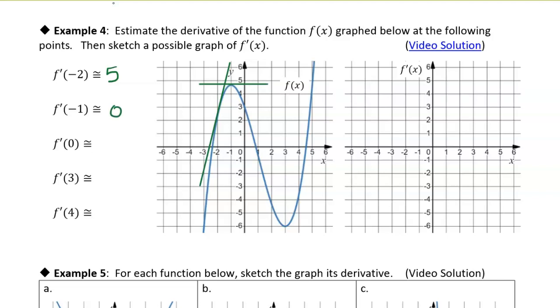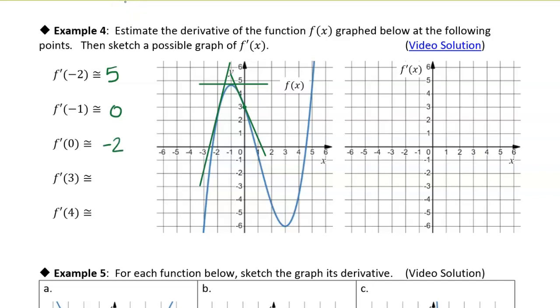All right, so the next point that we're going to look at is at 0, so we're looking at this point right here. So again, I can just draw a line that's tangent to that point, and then estimate the slope of that line. Okay, so I've obviously done this previously, and so I'm going to estimate the slope of that line to be -2.